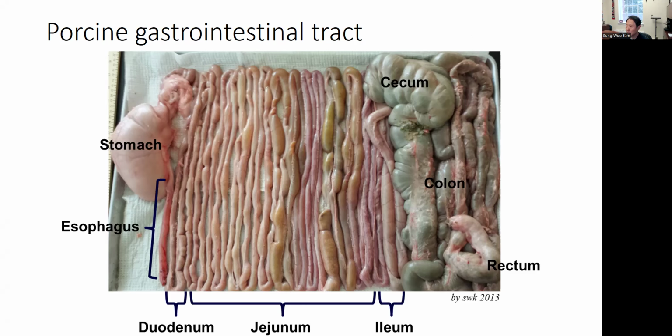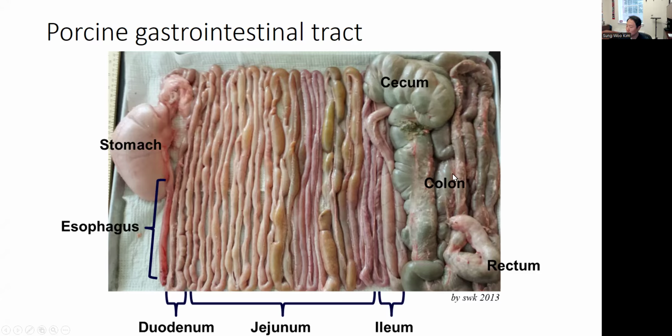It's called the colon, and the colon is the place where the digesta, after nutrient absorption, the leftover from the small intestine, spends time and is fermented, utilized by microbial enzymes.